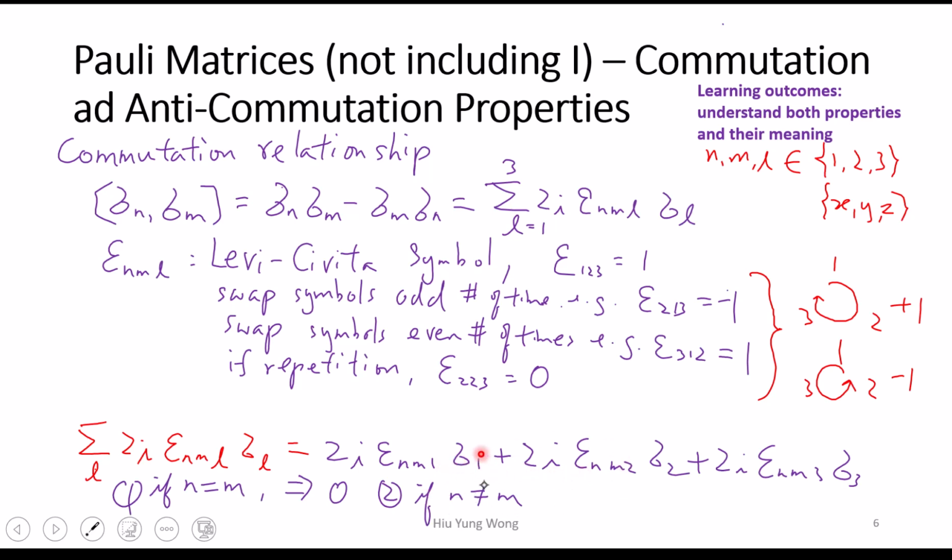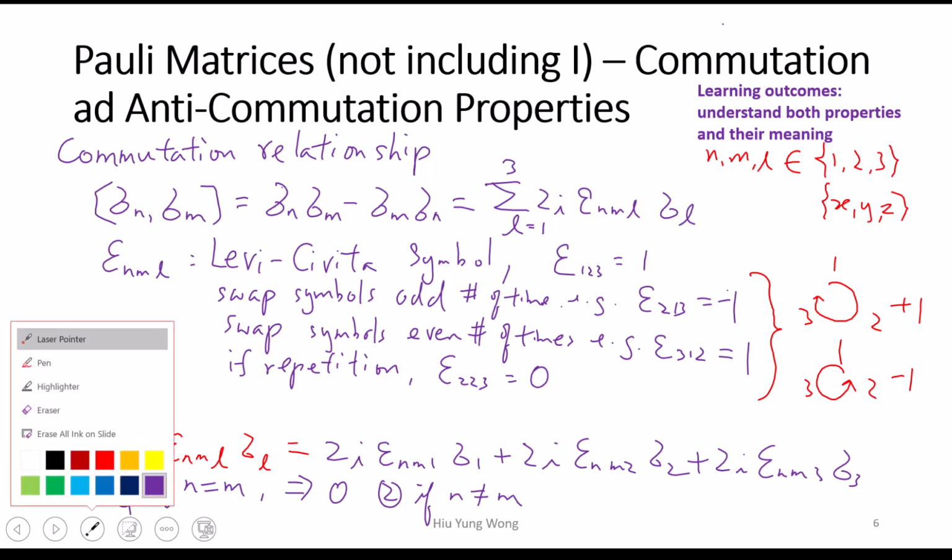So two of the terms will be 0. For example, if n is 1, m is 2, then this is 1, 2, 1, right? 1, repeat, right? And then m is 2, repeat. So both of them are 0. Only this 1, 2, 3 is left over. Right? Do you get it? You can try. Right? This is easy. You just try to plug in an example, then you will get it.